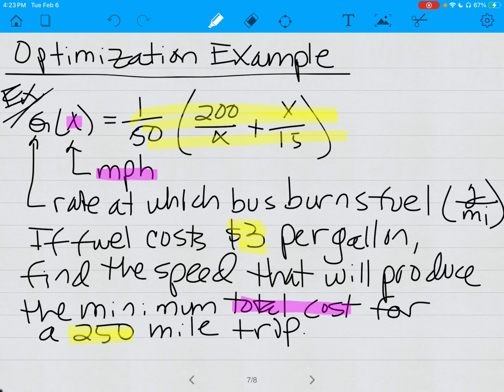So we also need to factor in that we're going 250 miles. So we're going to take our rate at which the bus burns fuel, and multiply it by the 250 miles. That will give us the total number of gallons needed. And then to get the total cost, we'll have to multiply that by 3, since the assumption here is that fuel costs $3 a gallon.